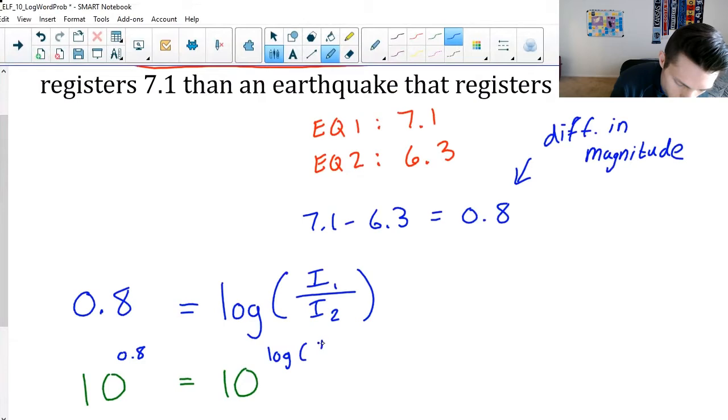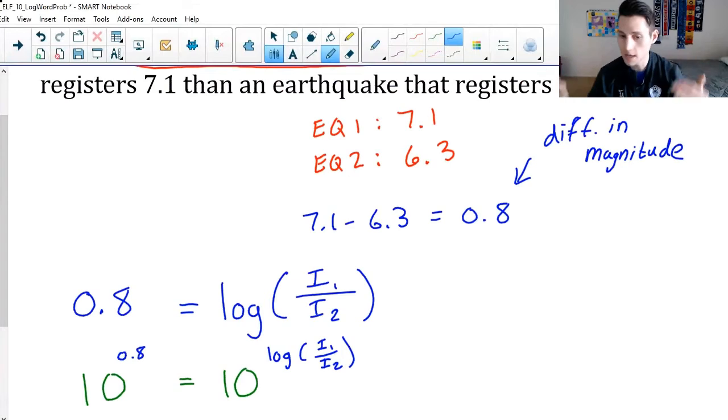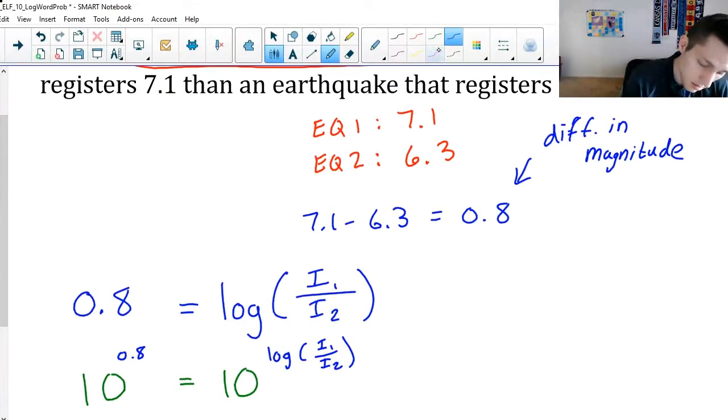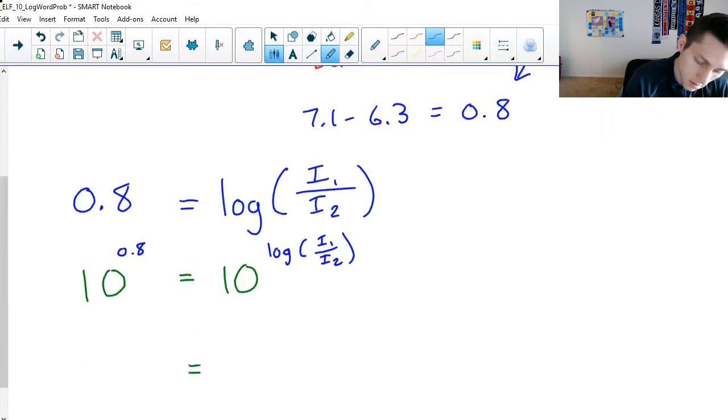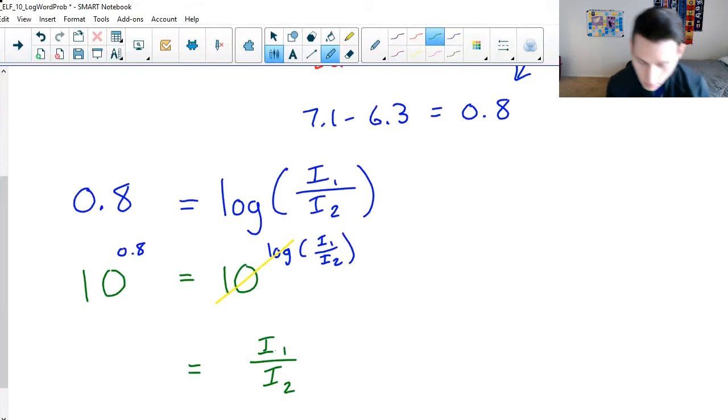Then everything that was in the equation originally gets shifted up into the exponent. The exponential base 10 and the common logarithm cancel. So on the right, I just have what was originally inside, intensity of earthquake 1 divided by intensity of earthquake 2. I'm going to real quickly on my calculator do 10 to the power of 0.8.